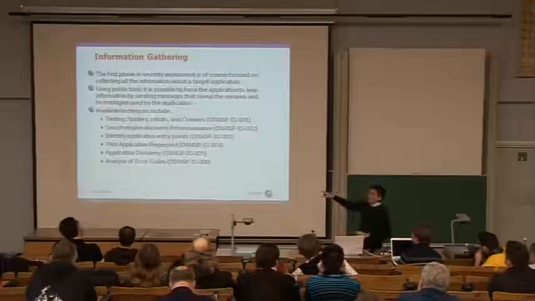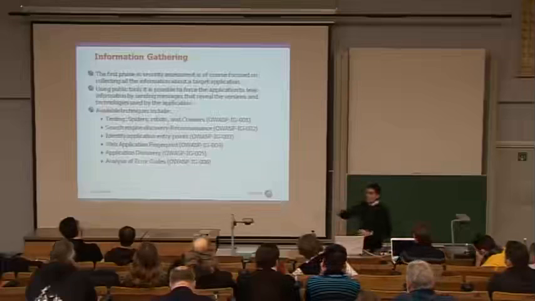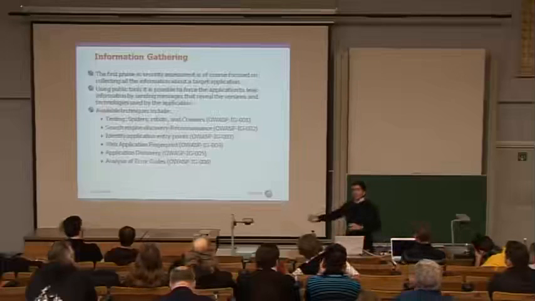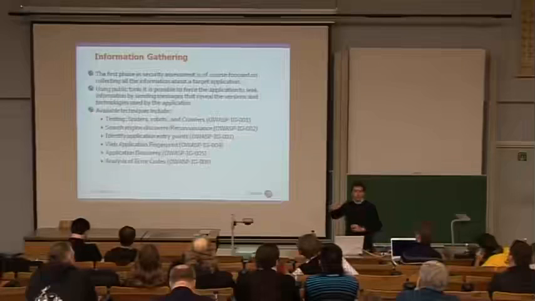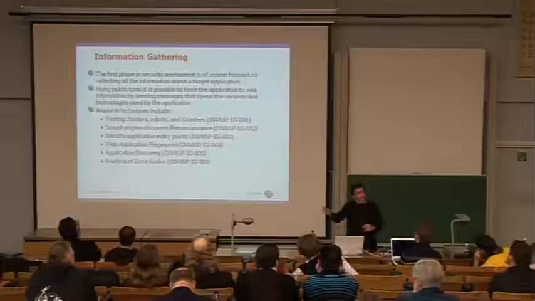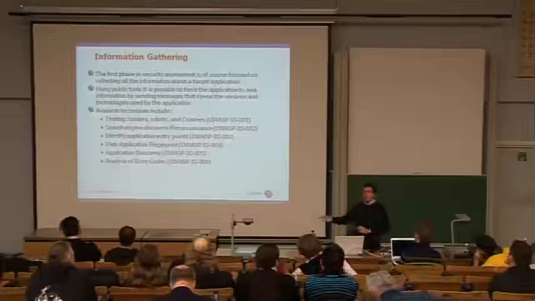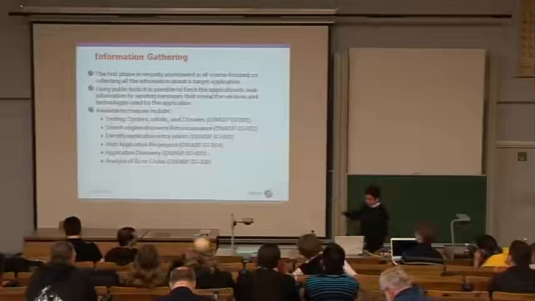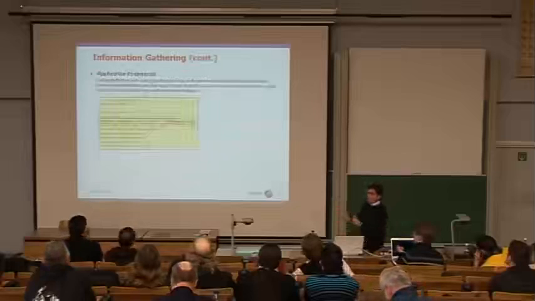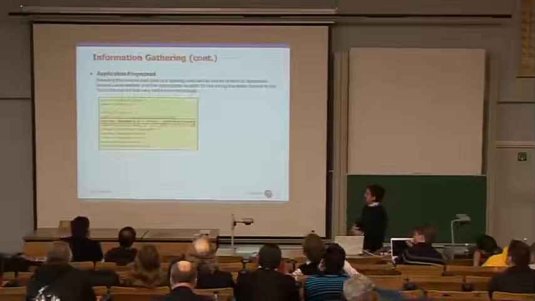For example, when you request something particular and the application responds with, for example, a Microsoft DB error, you understand that there is some kind of database at the back end, and maybe you can collect information about the name of the table, and you can write down for the test for SQL injection. So here you collect a lot of information about your application.